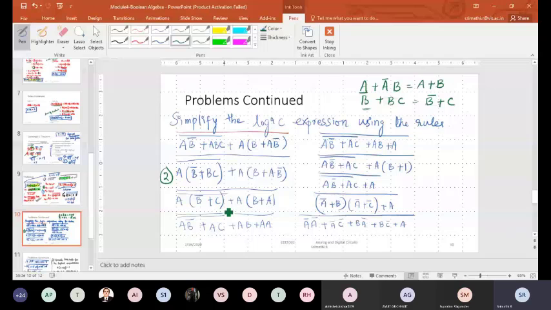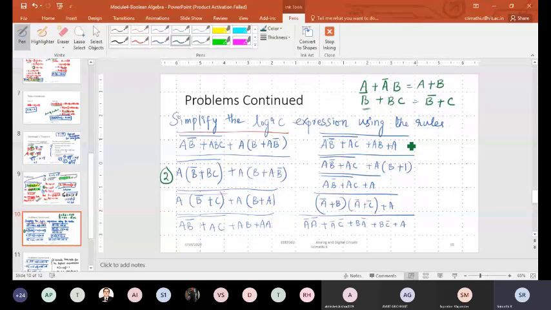Then use your distributive law: AB bar + AC, and again AB + AA. Is it okay? A into A can be written as A itself. So AB bar + AC bar + AB, the whole bar.